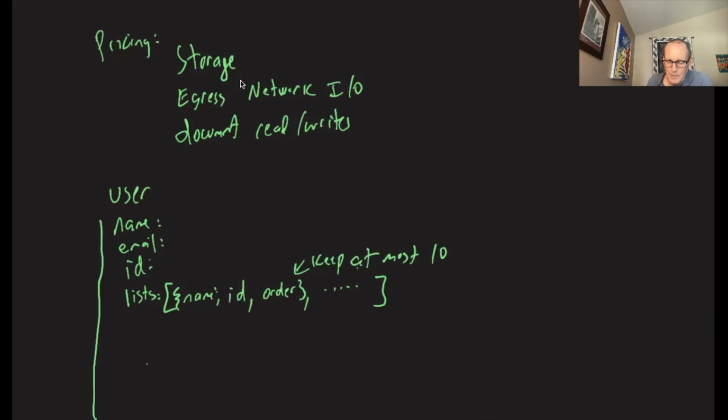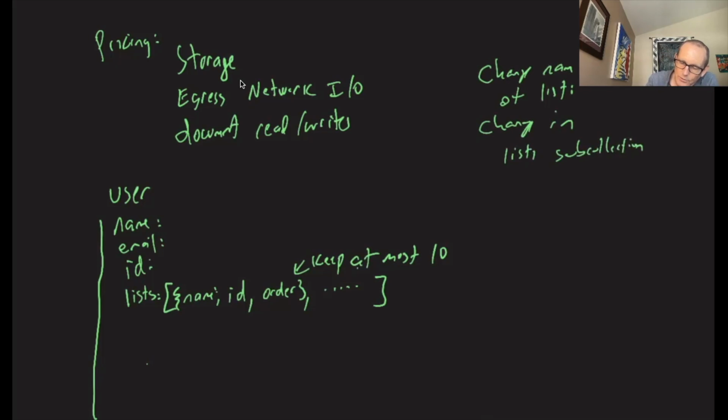Okay, now there's a problem. And the problem is if we go ahead and update our lists. So let's say we change the name of a list. Then we've got to change it in the lists subcollection.